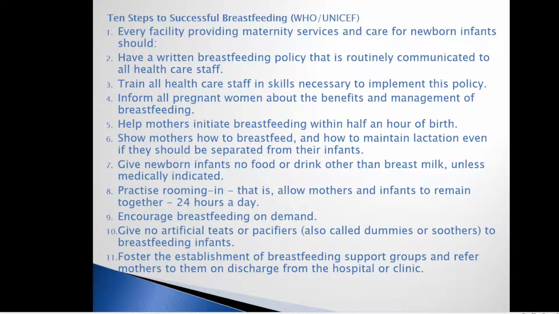Here is the international 10-step program, and many doctors know about it.